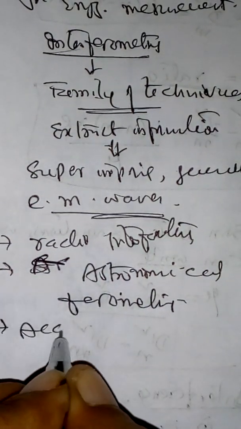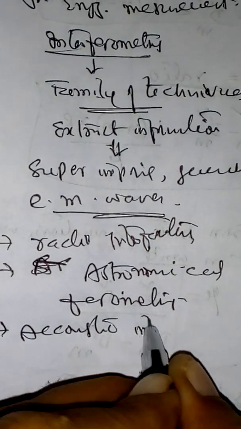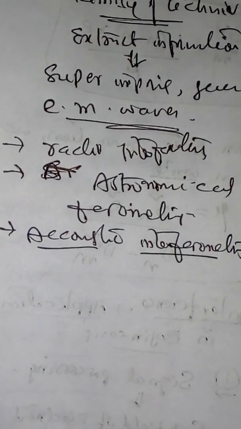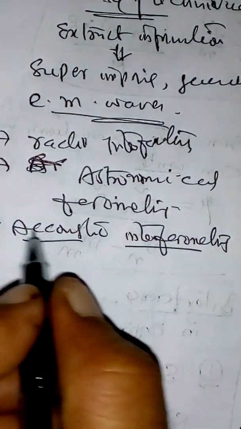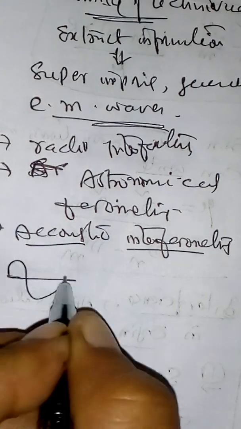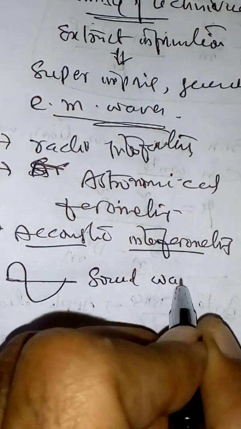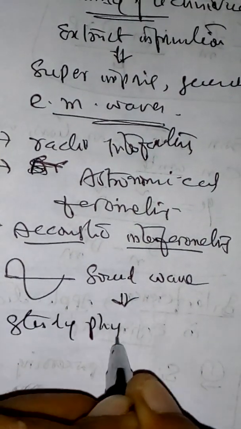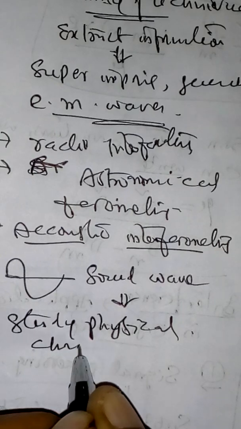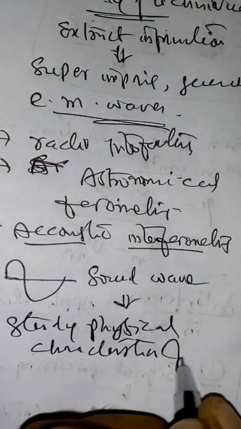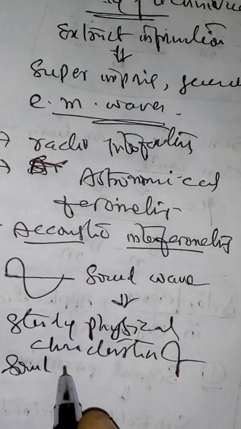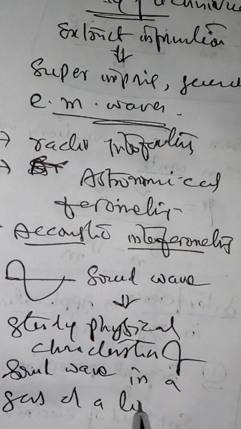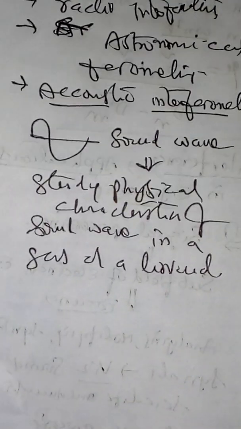Now I use the word acoustic interferometry. Acoustic interferometry, it is, for example, you take a sound wave, to study the physical characteristics of a sound wave in a gas or a liquid when it is propagating.